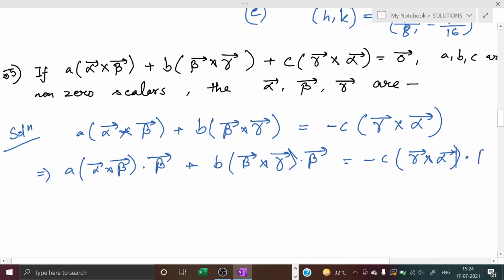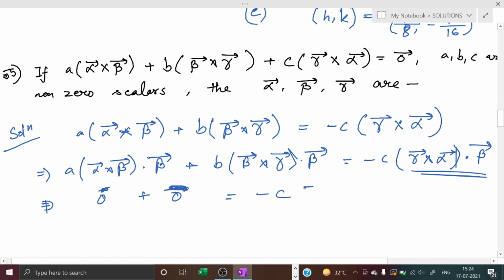So here you will get this is 0, and this is 0, because that is a property of scalar triple product. 0 plus 0. Okay, not 0 vector, 0. This is scalar triple product, we will get scalars. And this is equal to, what is this?